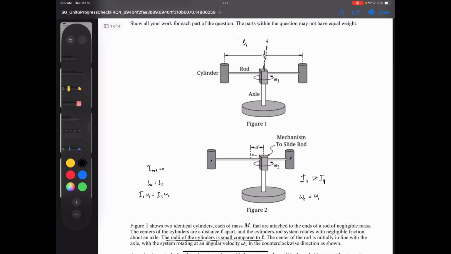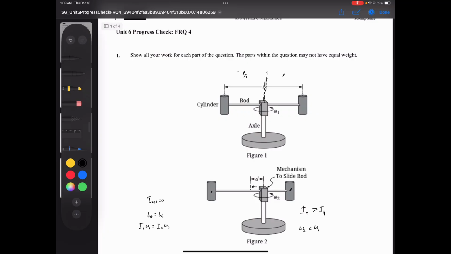So if I do that, I have L over 2 over here, and L over 2 over here. This cylinder has a moment of inertia, and this cylinder has rotational inertia. For a point mass, it's basically mr squared, and r is equal to L over 2 for both of the masses. So I1 has an mr squared for this cylinder and an mr squared for this cylinder.